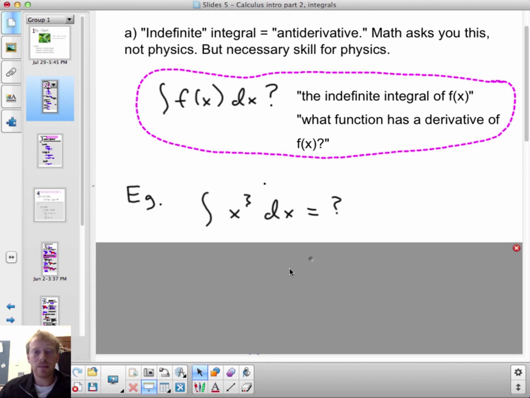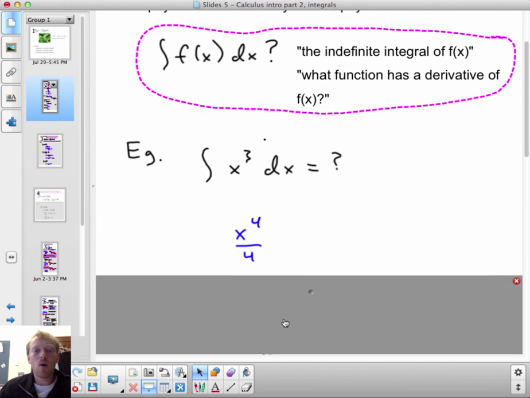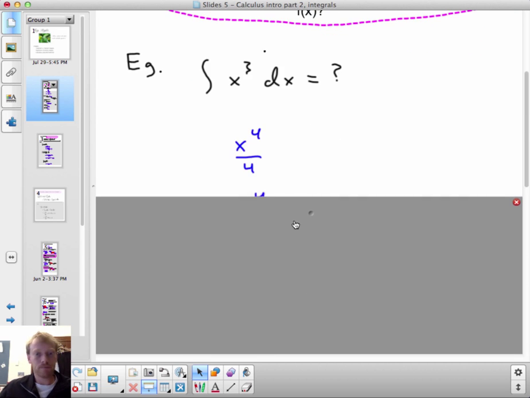Well, maybe think about it. x to the fourth over 4 has a derivative of x cubed, because if you imagine taking the derivative of this function, the 4 comes down, cancels with that 4, just leaving x, and then you decrement the 4 in the exponent, leaving a 3.